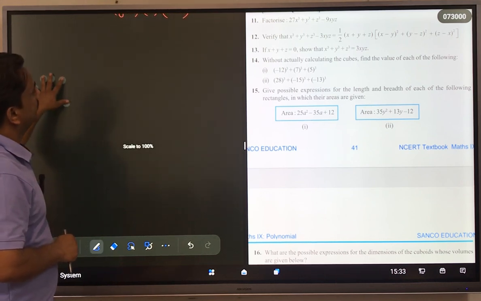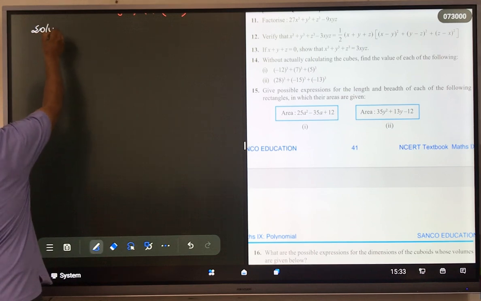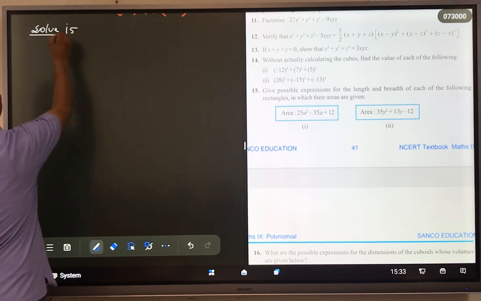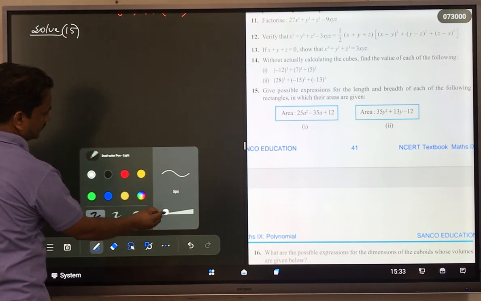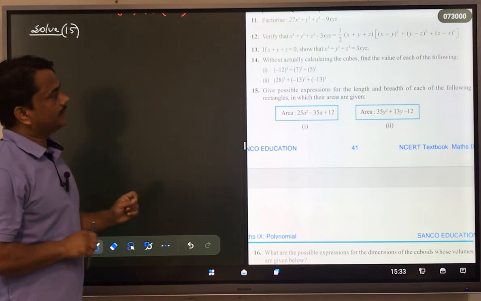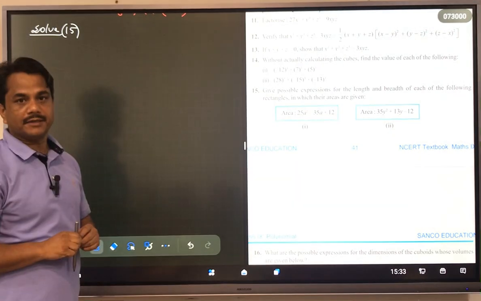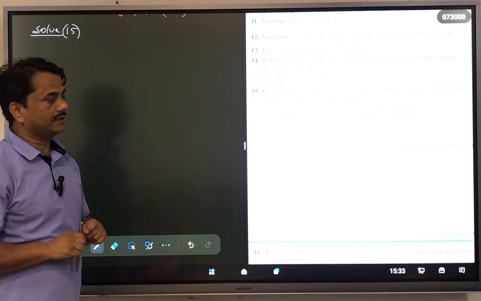have a look please. I'm talking about question number 15. Look at 15, what does it say here? Give possible expressions for the length and breadth of each of the following rectangles.